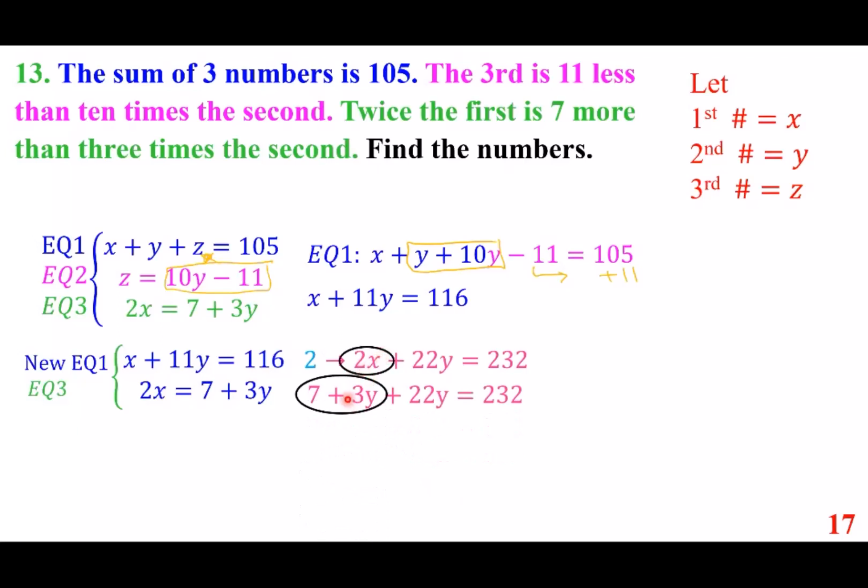So what we have here is to add up to 25y, subtract the 7, we get 225. Divide by 25 and y becomes 9.